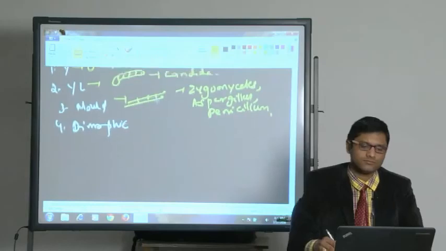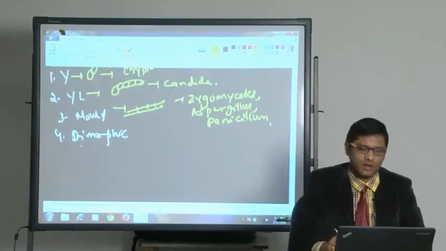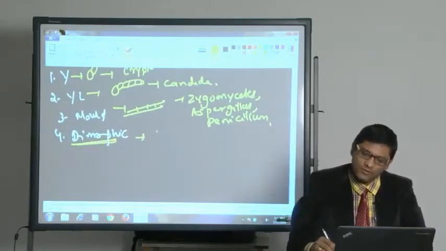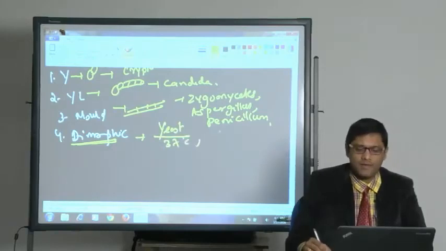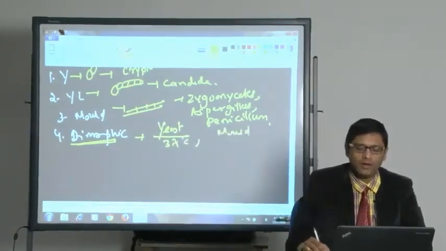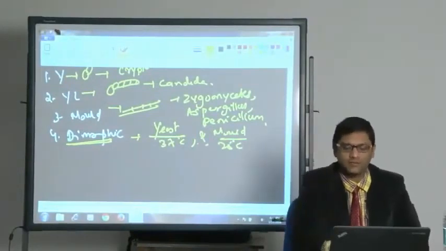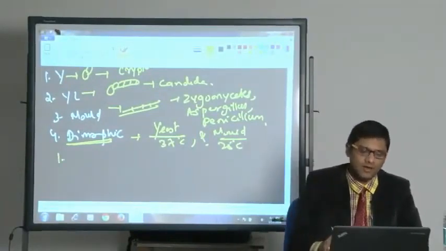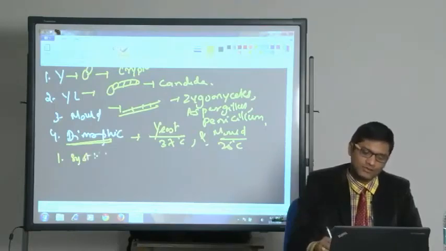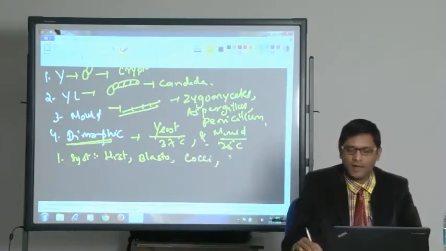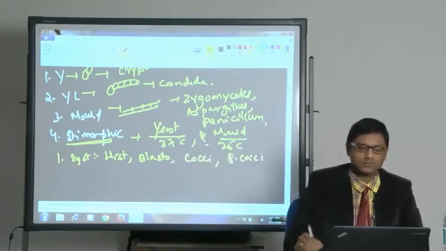Dimorphic fungi are the type of fungi that exist as yeast at 37 and mold at 25. Various examples are all the systemic fungus like Histoplasma, Blastomyces, Coccidioides and Paracoccidioides.